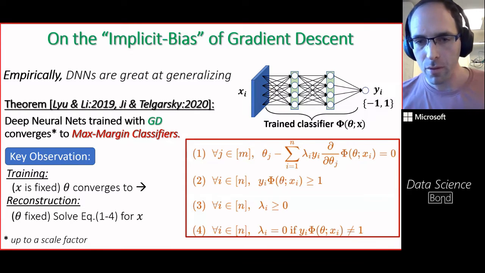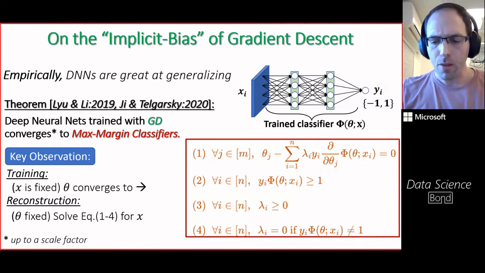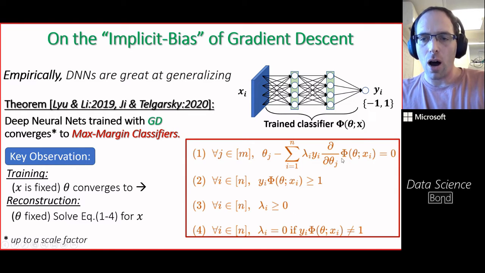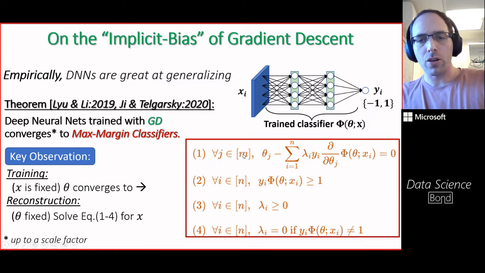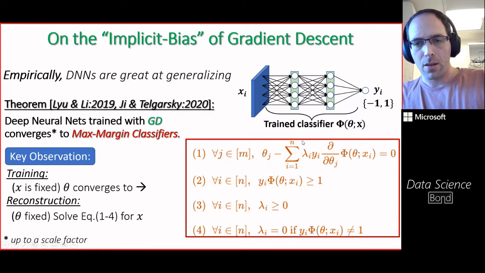Equation number 1 represents what? Okay, I didn't tell you how I got to these equations. I just told you that if you train this model phi with parameters theta with gradient descent to classify your data, it will converge to a very specific solution, and this solution can be specified by this set of equations. For example, here we have M solutions.